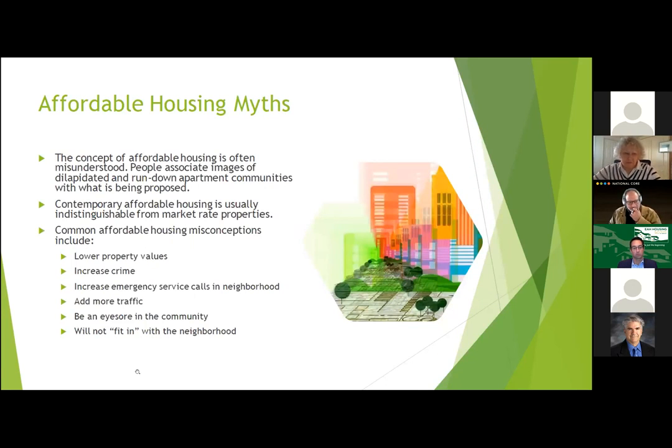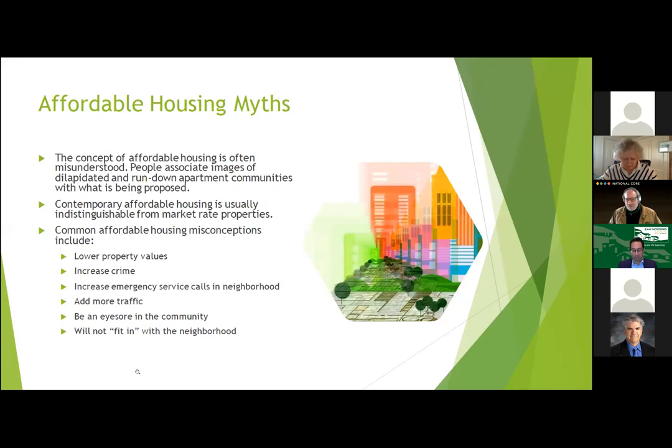So affordable housing myths. I think what we've just discussed about providing social services, the type, the design, the architecture. You saw the Vermont program that Vermont Community EH has done. Affordable housing looks just like market rate housing, and in some cases might even be more significant architecturally and design-wise.